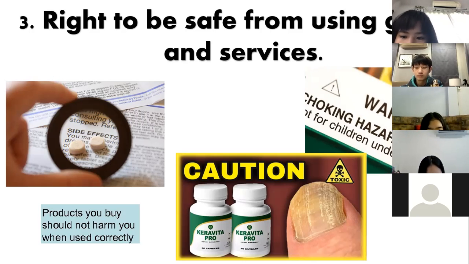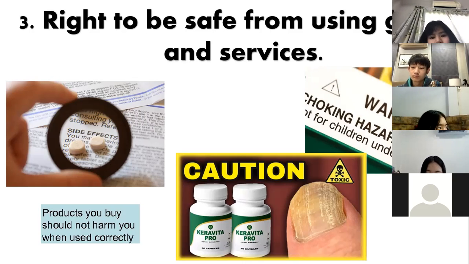You can sue the owner of the shop that you bought it from because you were harmed after you bought that phone. Let's say you are going to buy water, and whenever you drink that water, you're going to have diarrhea. You are not safe from that product.